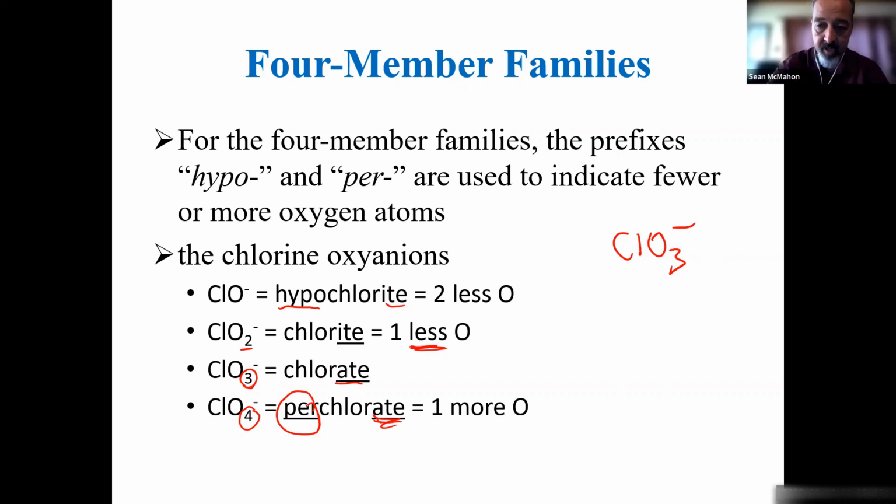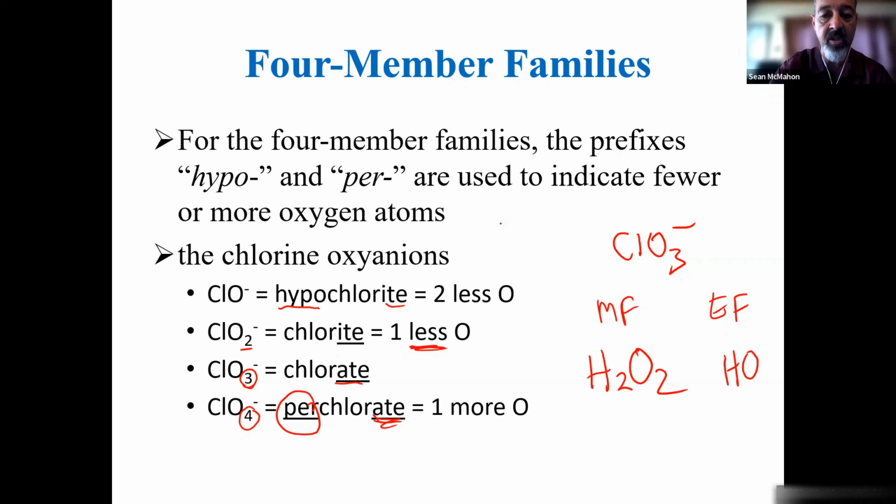Why per? The very first lecture of this chapter, does anyone remember what I said the name of this was? The H2O2? Because remember, this is the molecular formula, and I said the simple formula is HO, the empirical formula, but it's actually H2O2 because when we do the Lewis dot structure, we have hydrogen, here's my oxygen, here's another oxygen, and here's another hydrogen, and then there's a bond there, and a bond there.